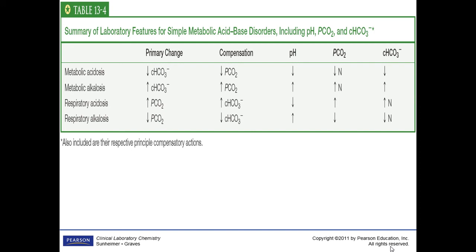Then the lungs are going to kick in, and the CO2 is going to drop to bring this fraction back to where it needs to be. Does that make sense? If you understand the math that's going on, I know we all love math, but just don't think about the log right now, and that won't confuse you.